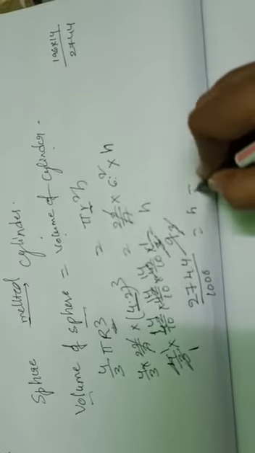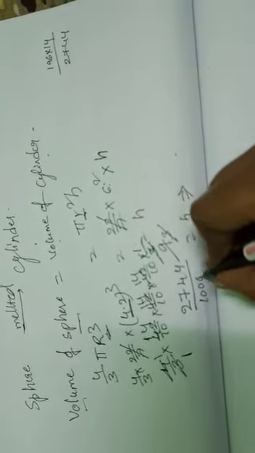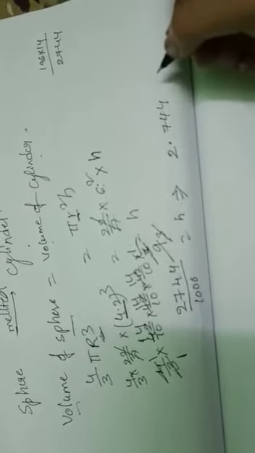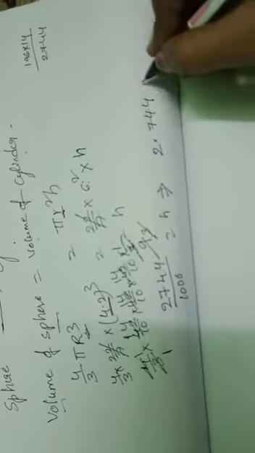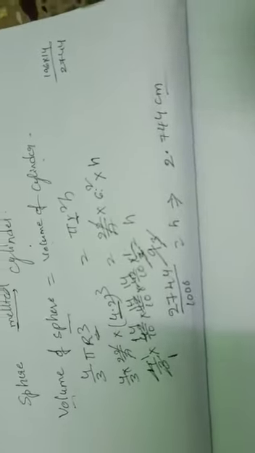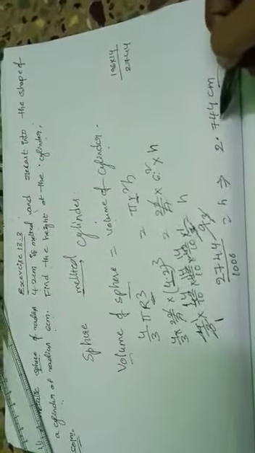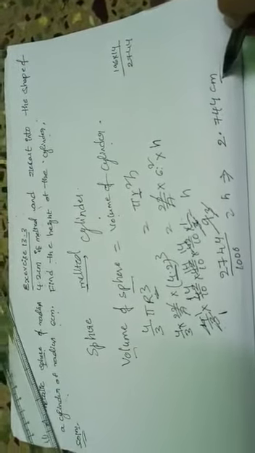This is the h value. Therefore, h equals 2.744 centimeters. Okay, therefore height of the cylinder equals 2.744 centimeters.